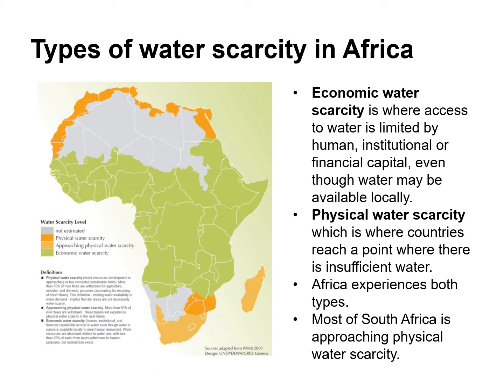And from this map, you can see Africa has both types. A large area in the middle has what's called economic water scarcity. And then if we look at South Africa, it has physical water scarcity. And again, the case study is in the area that's defined as physical water scarcity.